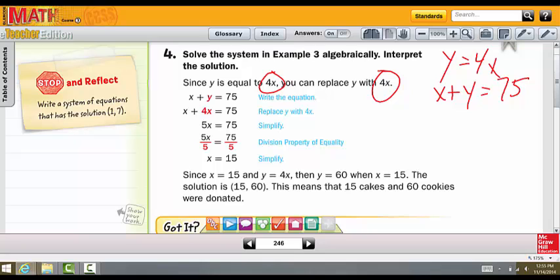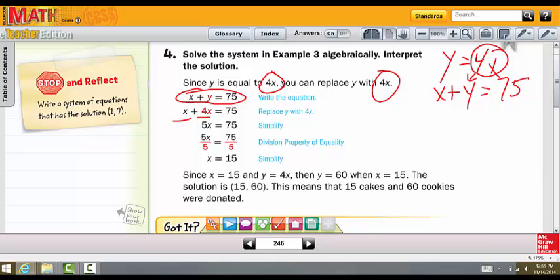Okay, so here we have x plus y equals 75, but also we know that y equals 4x. So we can take the 4x literally and place it in here. So over here, take a look at it. We have x plus 4x, we're replacing the y with 4x, equals 75.